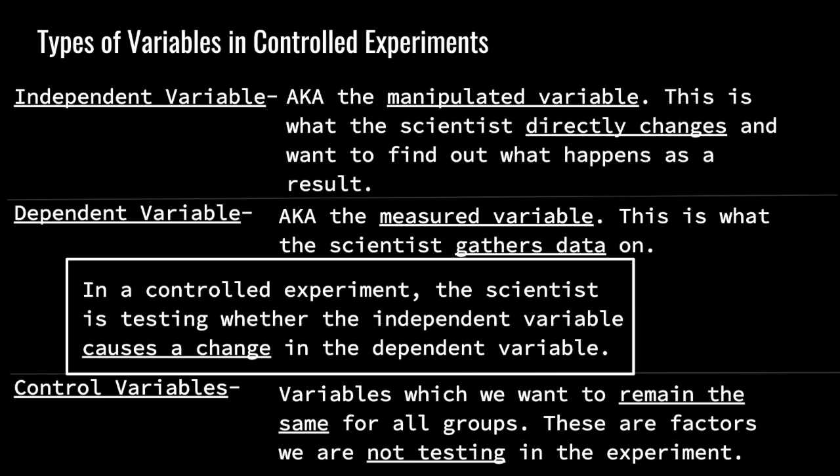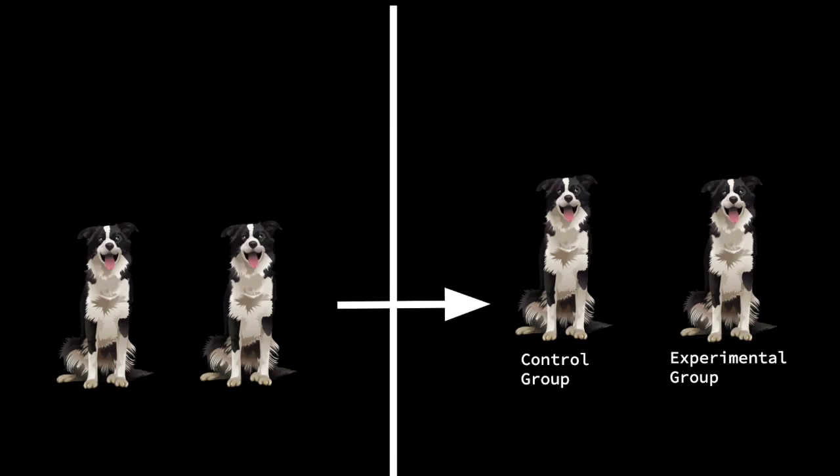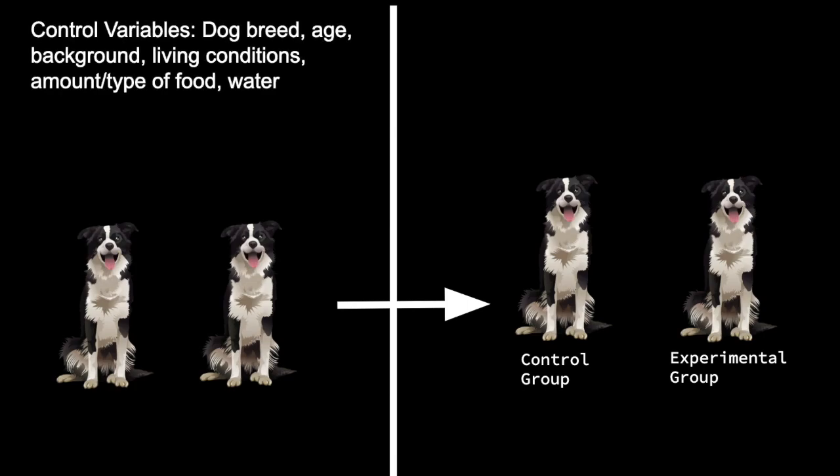Because if a dog ends up sick, but that dog was given a different type of food and that food upset the dog's stomach, that's not because of the virus. So we're going to go into more detail with this. We have our dogs. Our control variables are dog breed, age, background, living conditions, amount and type of food, and amount of water.